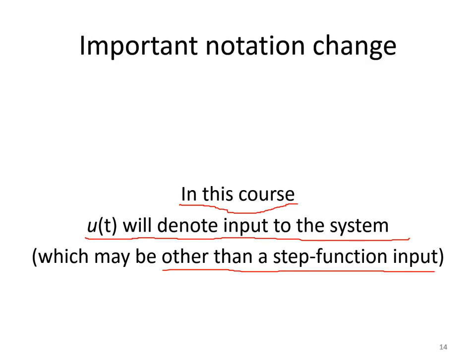So I would like you to keep this notation in mind: u of t or mu of t will be used to denote the input. Now the input can be other than the step function. It can be a sinusoidal function. It can be an impulse function that we are going to talk about later on.